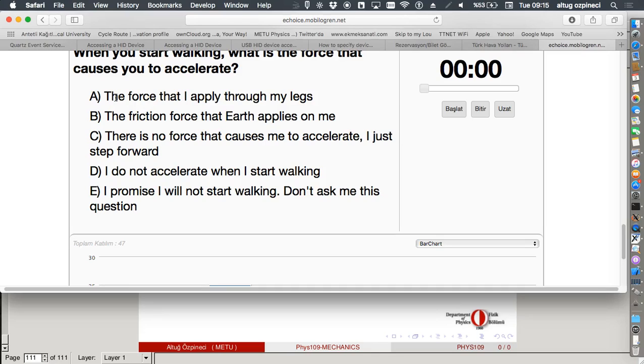It has nothing to do with the forces that you exert on something else. Of course, if you are exerting a force on something else, then that something else, due to Newton's third law, should be exerting a force on you, and that force is what's causing you to accelerate, not the force that you exert. So it's always only the forces that are acting on you, or that other objects are exerting on you, that cause your acceleration.